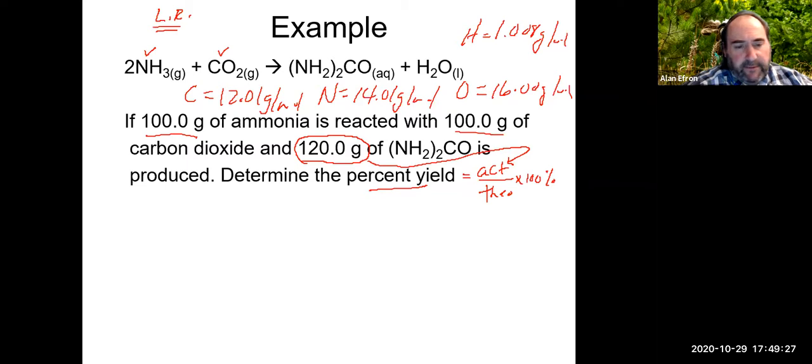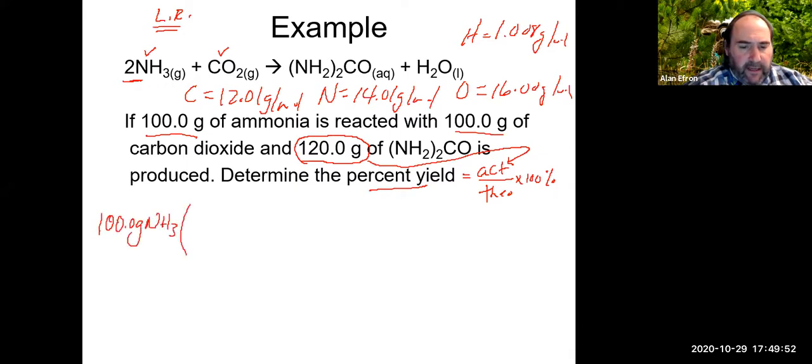So really the first couple of steps are the same. We want to make sure that it's balanced. I do see some coefficients, so I'm going to assume it is balanced. We then want to take whatever they gave us and convert it into moles. So we have 100 grams of ammonia, NH3. We will go to the periodic table and convert that. So 100 grams of NH3.